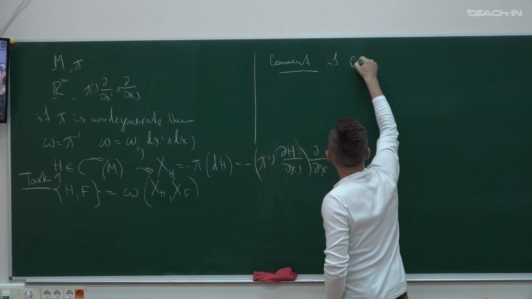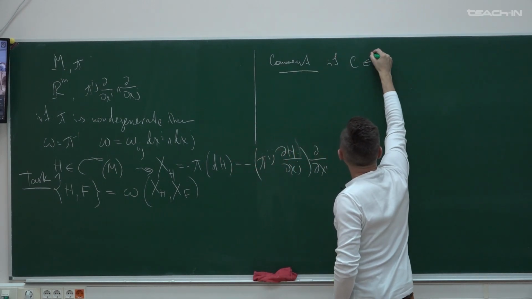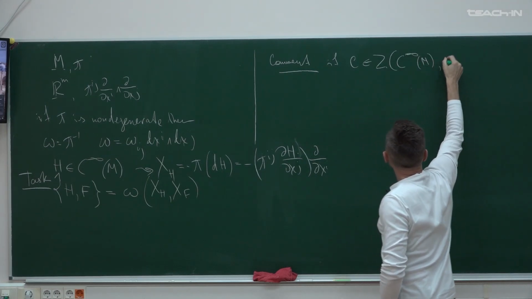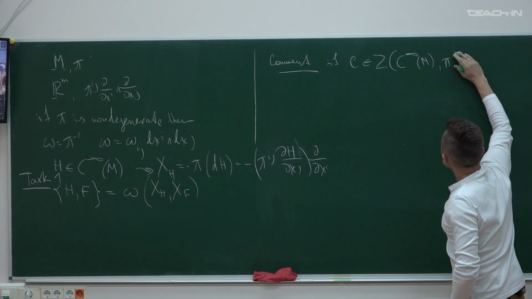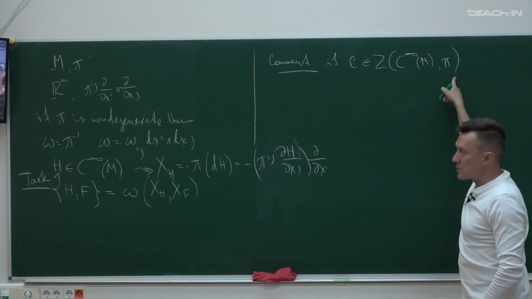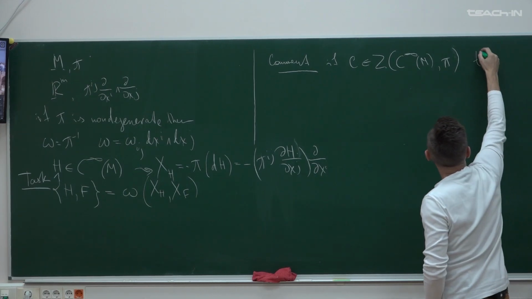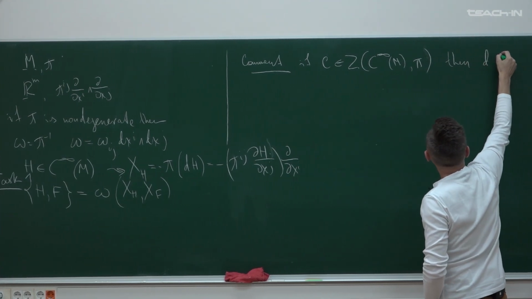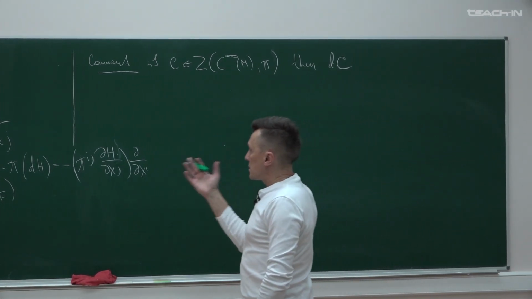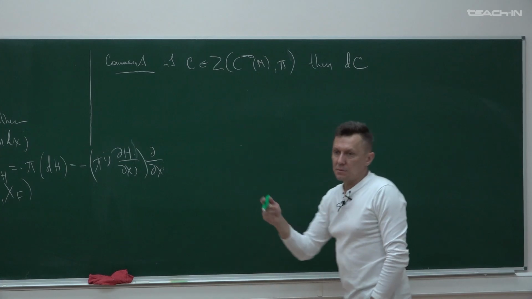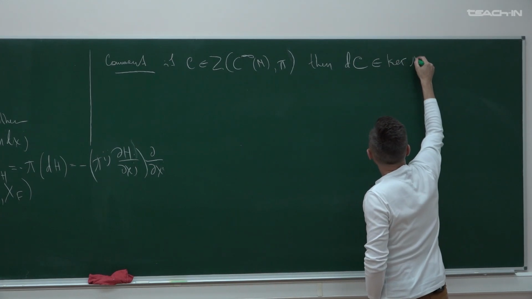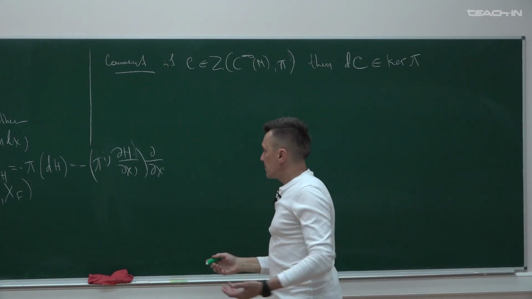If C is a Casimir function, so it is an element of the center of this Poisson algebra, then dC lies in the kernel of the bivector pi.